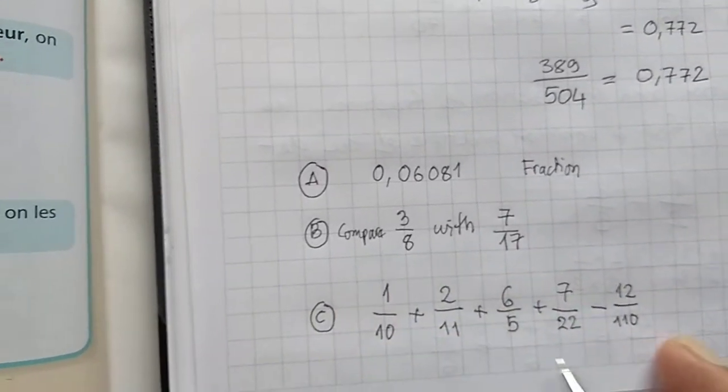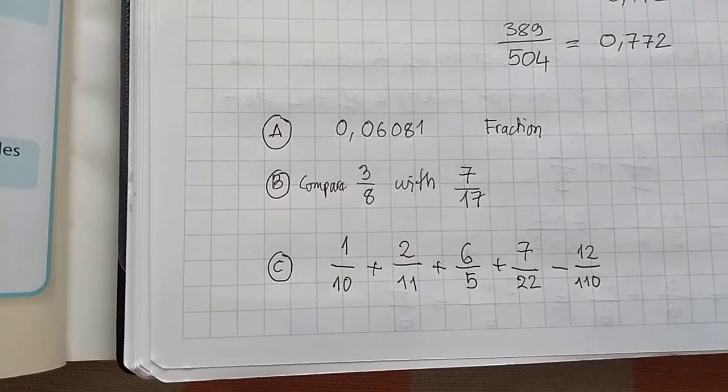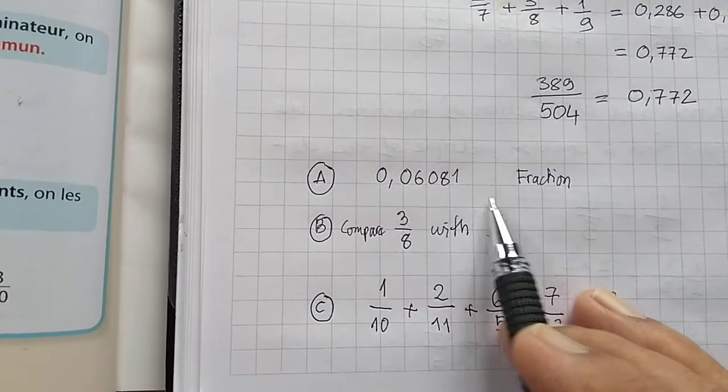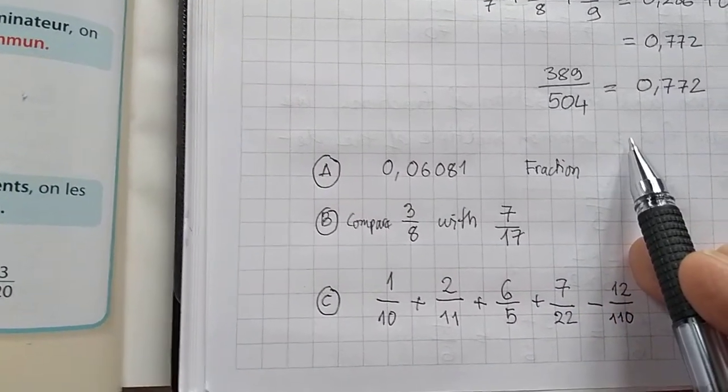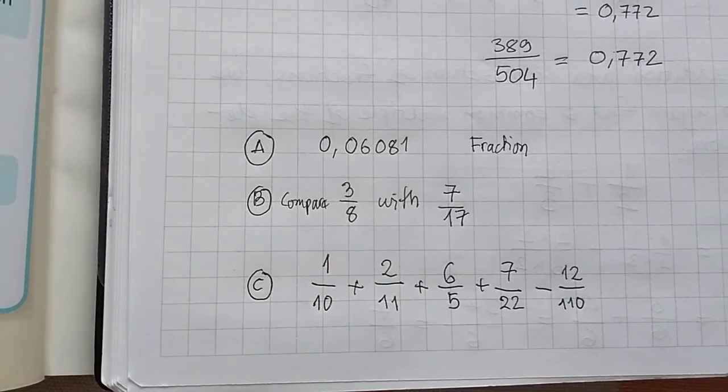So this one you calculate as we have done up here, and these three problems you send to me just to show that you have watched the video. This one you have to write as a fraction with integer as numerator and integer as denominator. Okay, I stop here.